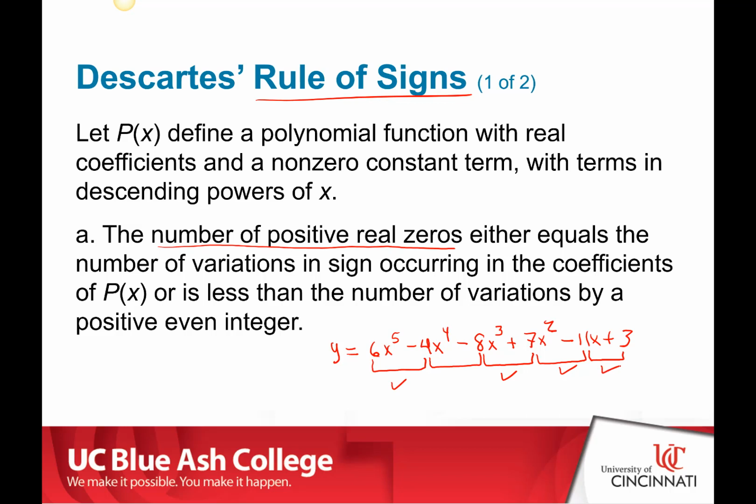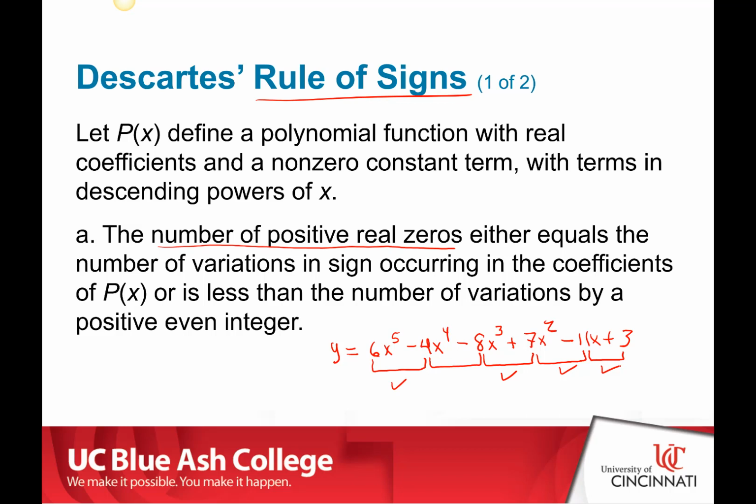Yes. So how many sign changes total did we have in this particular polynomial? See if there are 4 of them? So that tells you that 4 of the roots are going to be positive values. Make sense?